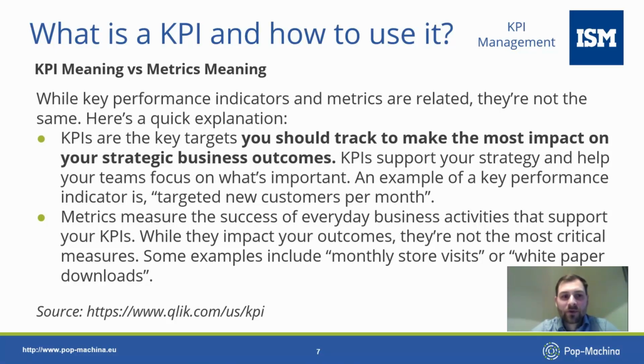An example of a key performance indicator is targeted new customers per month. Very simple, understandable. Metrics measure the success of everyday business activities that support your KPIs. While they impact your outcomes, they are not the most critical measures. Some examples include monthly store visits or white paper downloads, but they are just metrics.